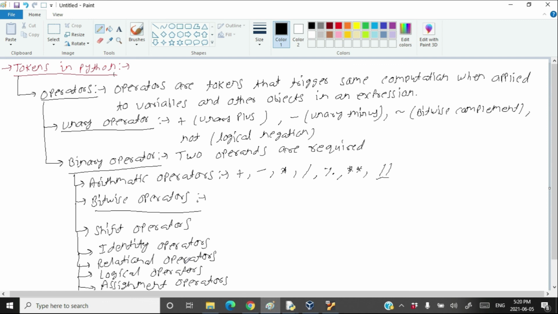But this is the time to start with the last token in Python, which is called punctuators.